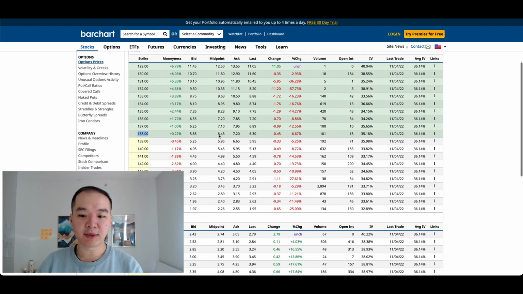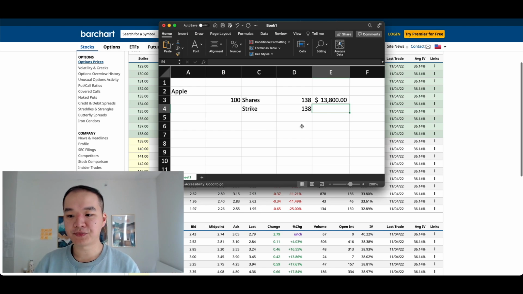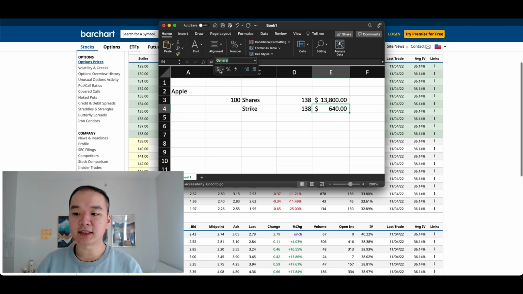It's approximately $6.4 at the midpoint, and this can fluctuate depending on the market. Now, when you're looking at a covered call, an option contract represents 100 shares. So you need to take the 6.4 times 100. That is the amount of interest you'll get for selling a covered call.